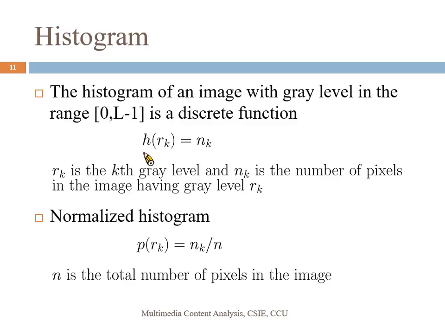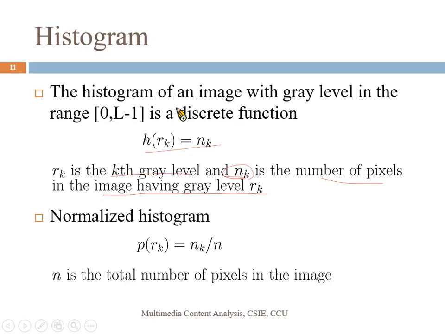A histogram can be represented like this: h(r_k) = n_k. Here r_k is the k-th gray level, and n_k is the number of pixels in this image having gray level r_k. This is the so-called intensity histogram.